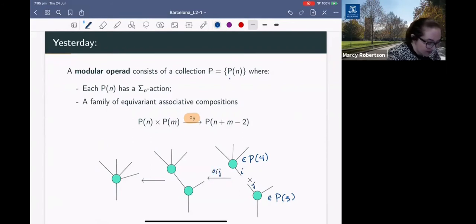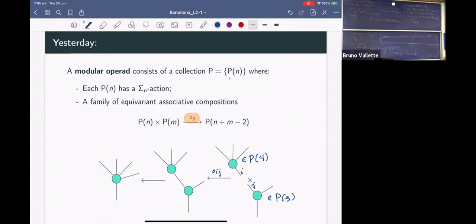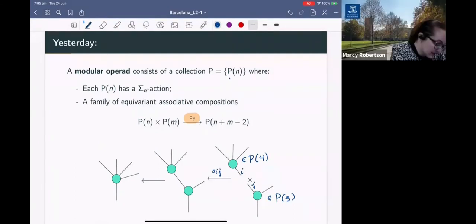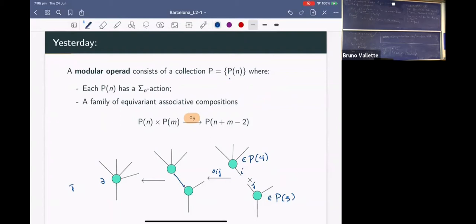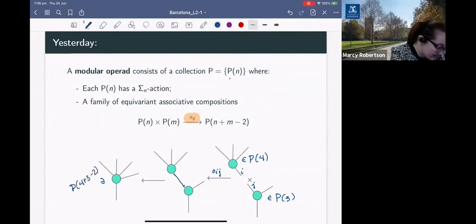So I glue them together, and then I can contract this internal edge down into something that lives in P(n+m-2). Oh, sorry, n and m have values: P(4+3-2), which is 1, 2, 3, 4, 5.